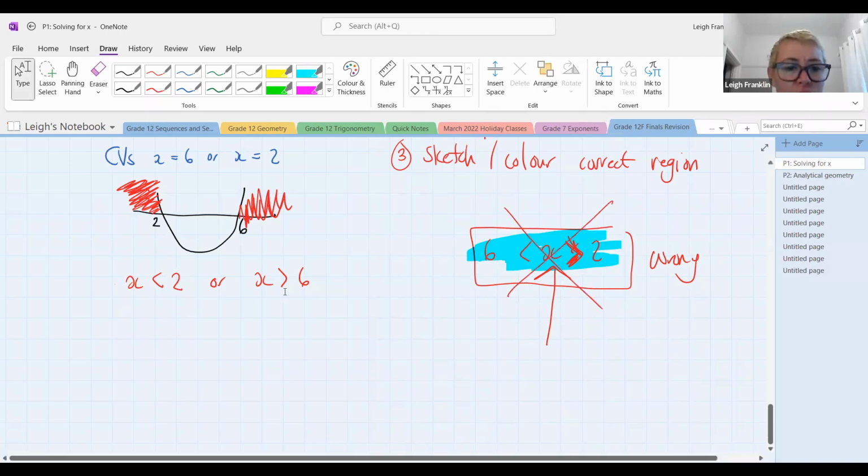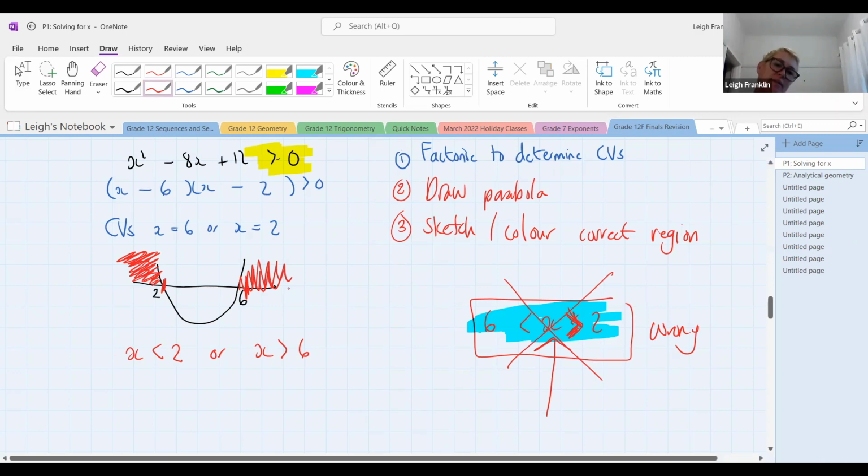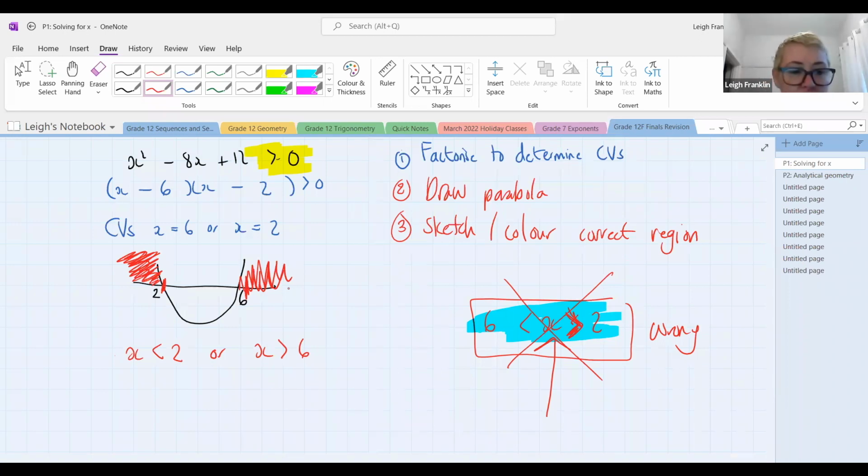If we look at this region where we've sketched, from this point onwards, going to our left-hand side, numbers get smaller. So that's why we say x is smaller than 2. Over here, from this 6 to the right-hand side, numbers are getting bigger. That's why we say or, where x is bigger than 6. So this is disjoint. It's not a continuous region.